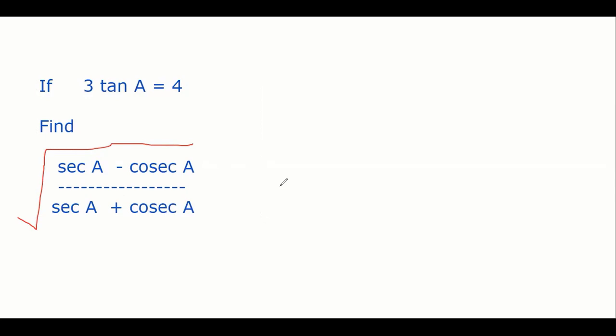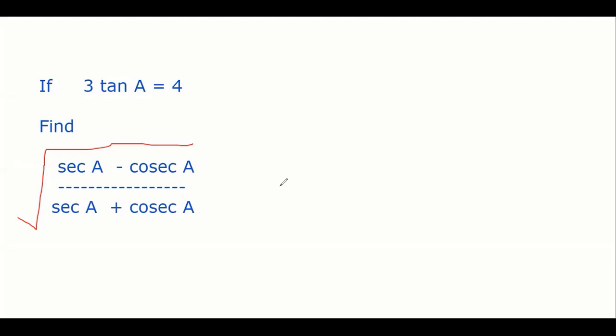I'll tell you my way. I don't do trigonometry like this. I'll tell you my other way of doing trigonometry. Tanishka says 1 by root 7.